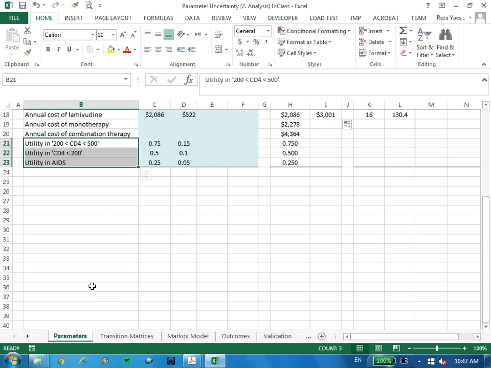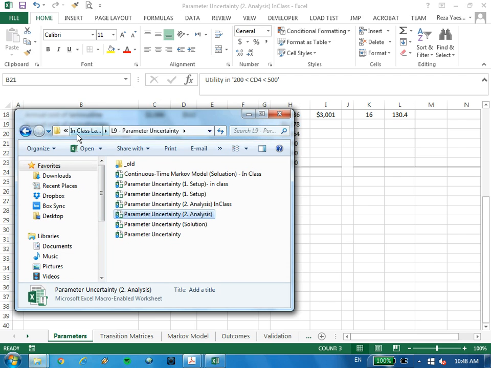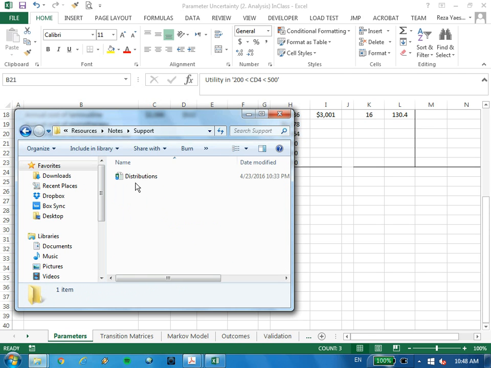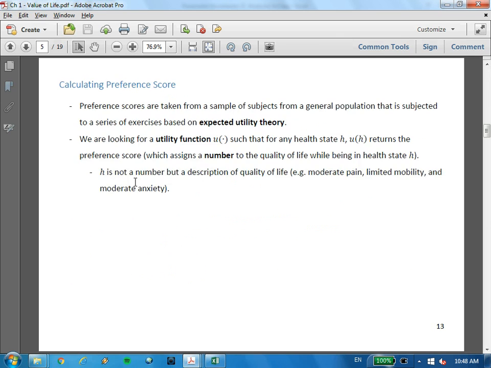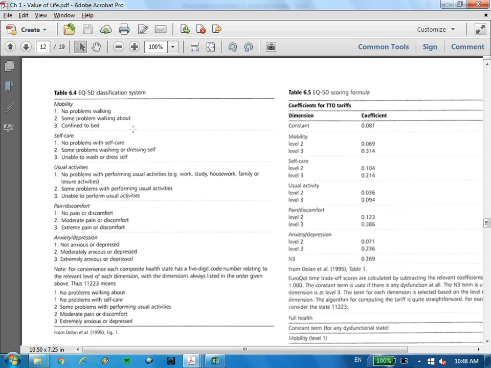In many instruments, if you remember, from the first class, we had instruments to estimate the utility.